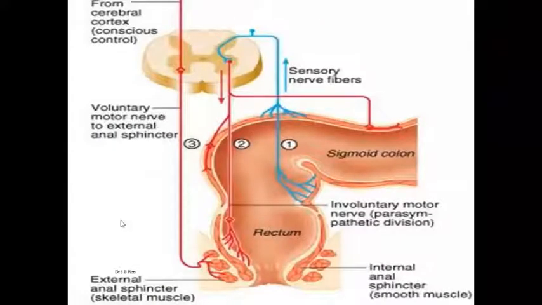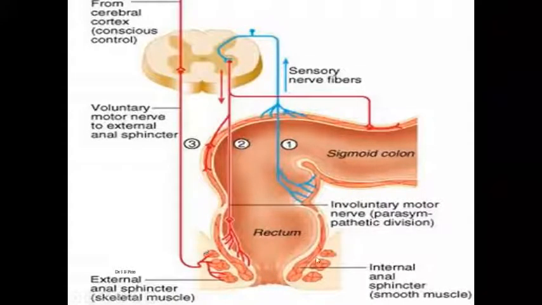So you can see in this diagram that you have these somatic motor neurons that are innervating the external sphincter muscles. That will bring about inhibitory or stimulatory information. So if the environment is not conducive, they will stimulate these muscles to contract so that the anus doesn't open up.